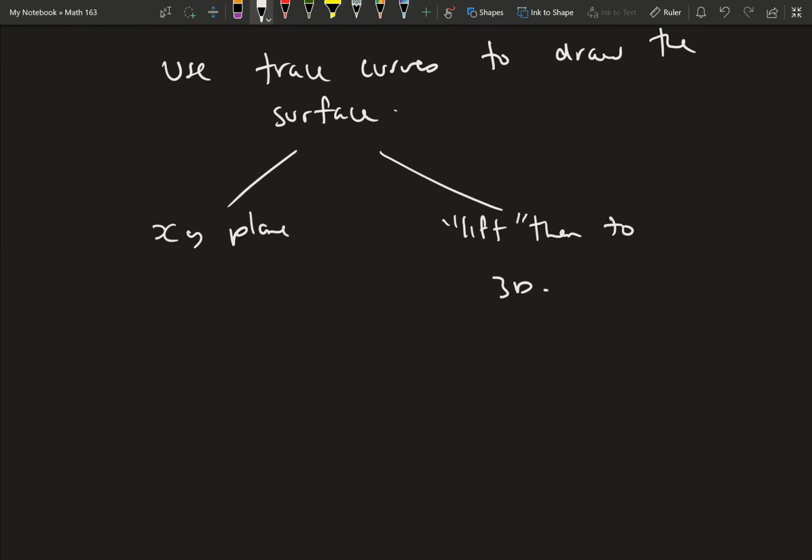So let's start here with, we'll call this part A, call this part B. The method for drawing trace curves is essentially to fix one variable as a particular value and see what you get. And what we're going to do is fix various z values to start with.